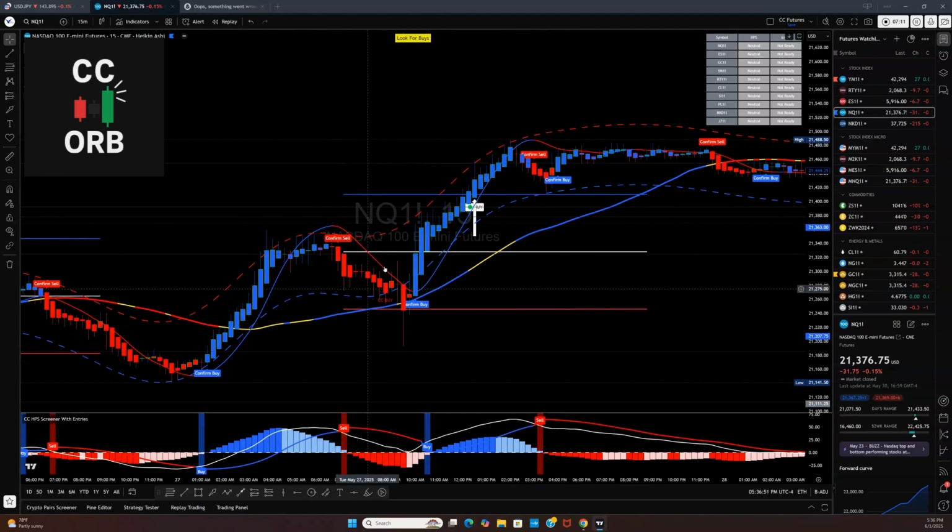So we have a CC buy inside of the ORB. And this CC buy was at 8:45 in the morning.